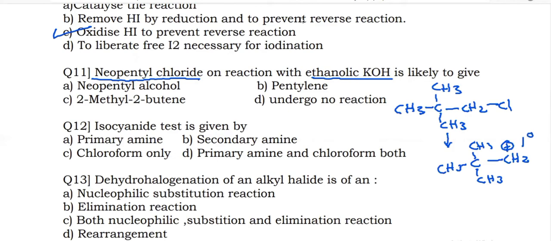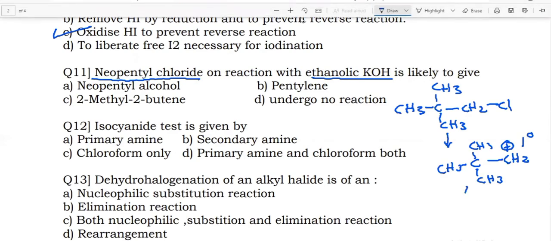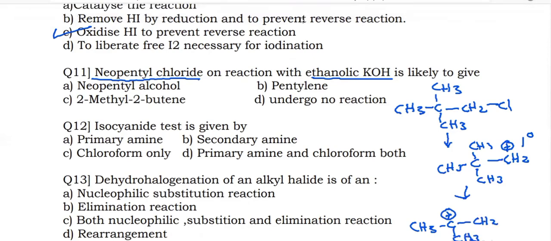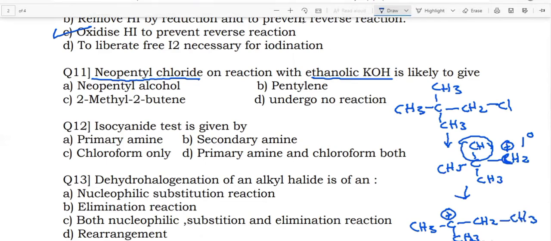So there is a methyl shift: this methyl group gets attached to CH2 and it gets converted into CH3C plus, with the positive charge on this tertiary carbon now. So we get a tertiary carbonium ion, and this CH3 group gets completely transferred to CH2 plus, and you get this compound.